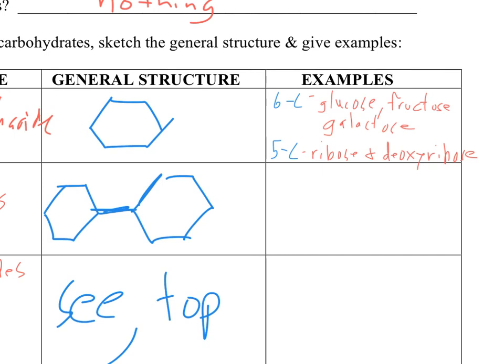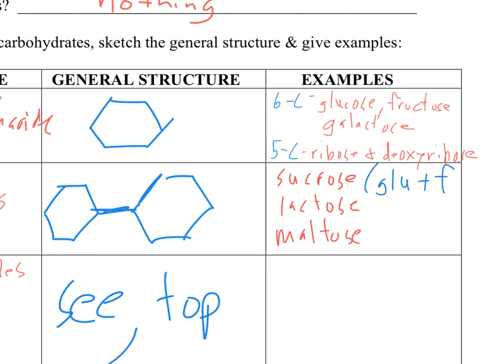Okay. Disaccharides, easy. You've got sucrose, lactose, maltose. Okay, let's talk about what makes them up. What makes up sucrose? Glucose plus fructose.